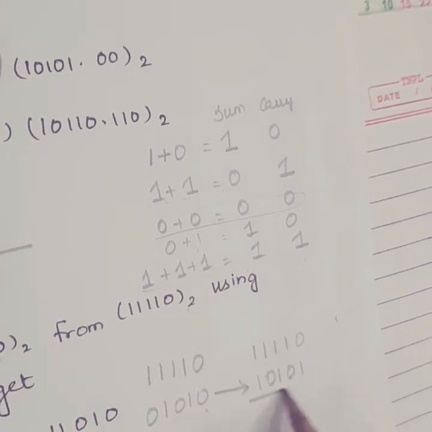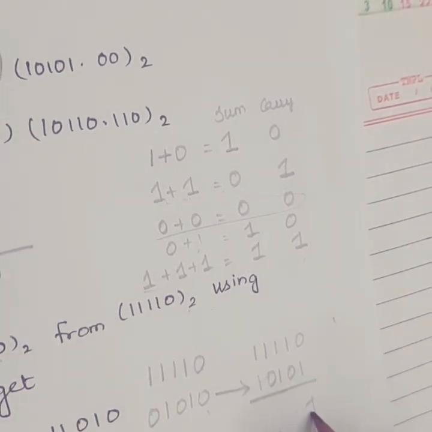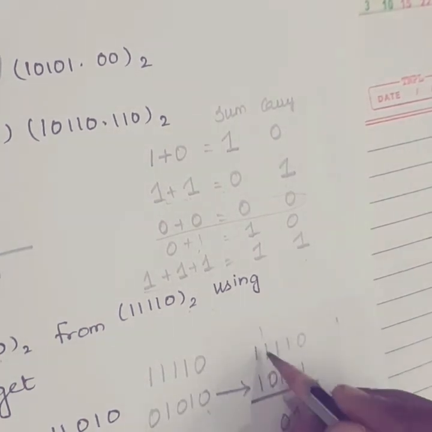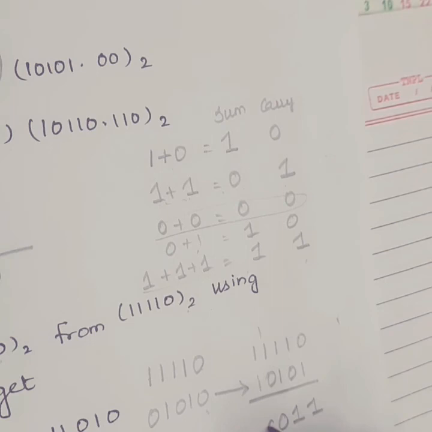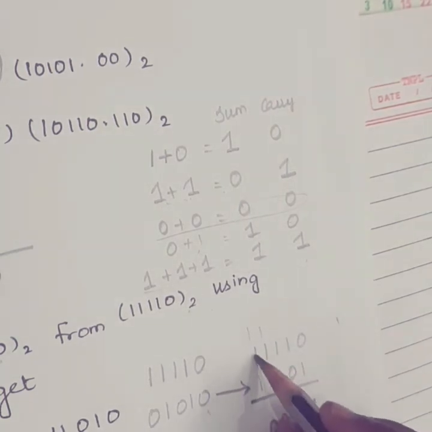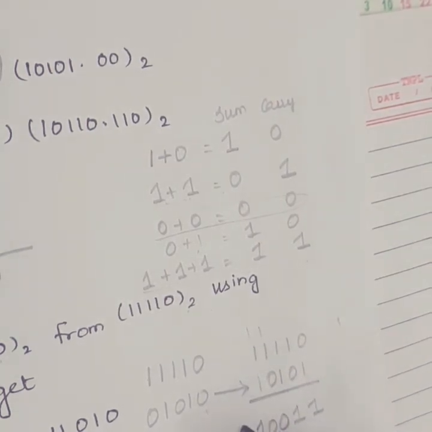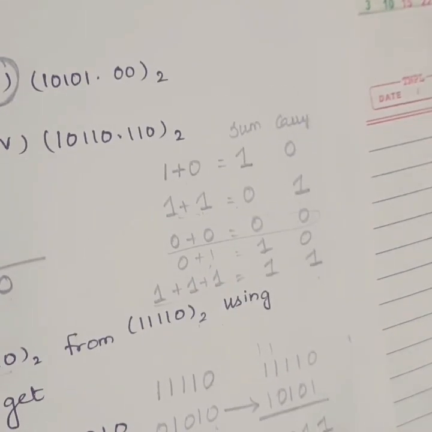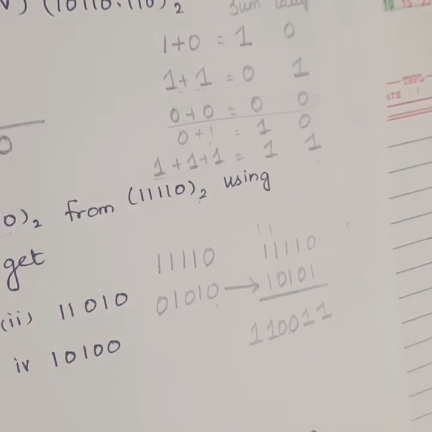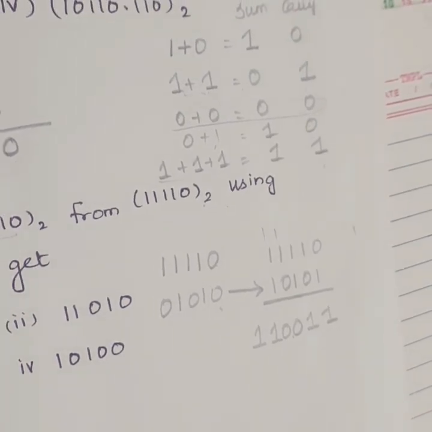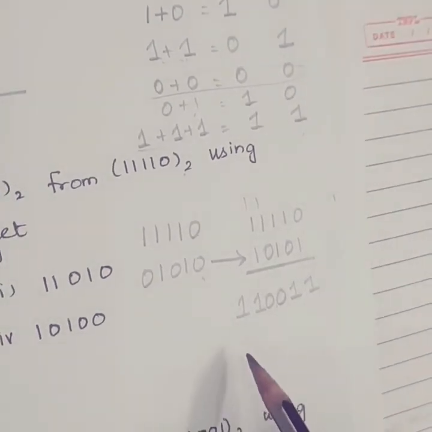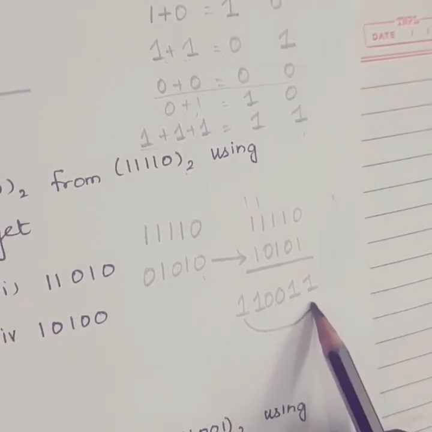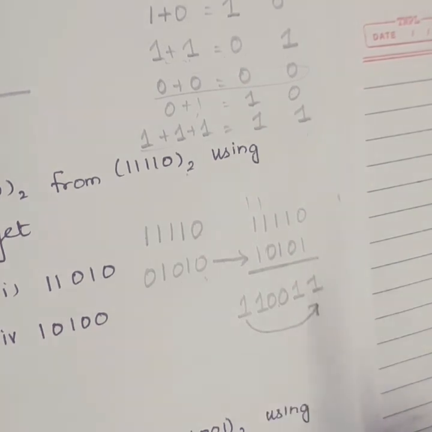Now add these two, you get 1111. So sum 0, carry 1. Then 1 1 1, sum 1, carry 1. If there is a carry in 1's complement, we have to add this carry to the least significant bit, right?